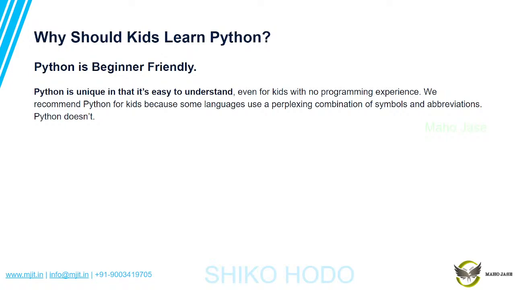When compared to C, C++, Java, Python is very easy to learn because there are no complex syntaxes or very big lines, unlike other languages like C, C++, Java, which have very complex syntaxes.